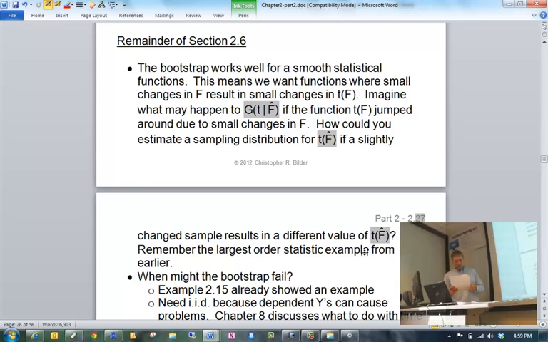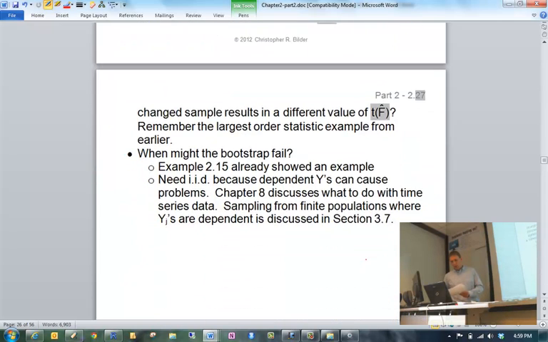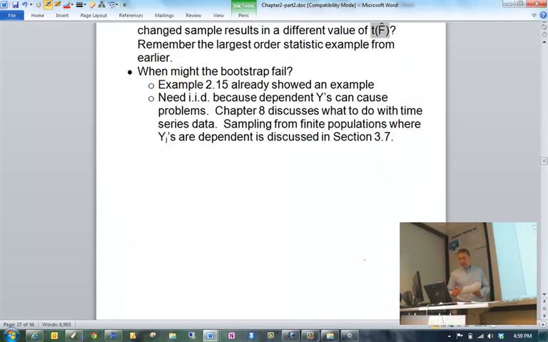And I think we pretty much covered page 27, when the bootstrap doesn't work. Note that we need the IID assumption to work with Y's. If you don't have the independence part of the IID, you can have some problems. For example, if you have time series data, or you have observations that are collected, let's say, over time 1, time 2, time 3, you can't do what we're doing exactly.